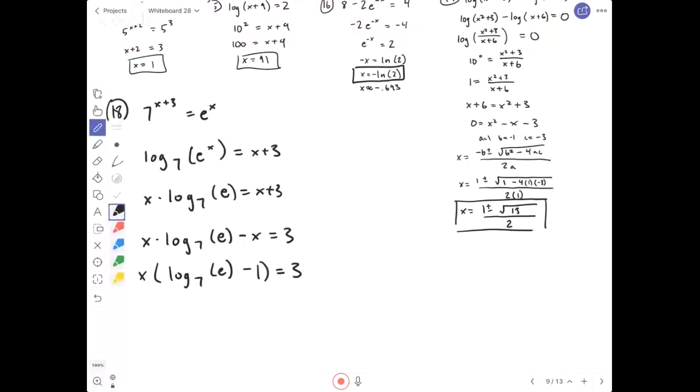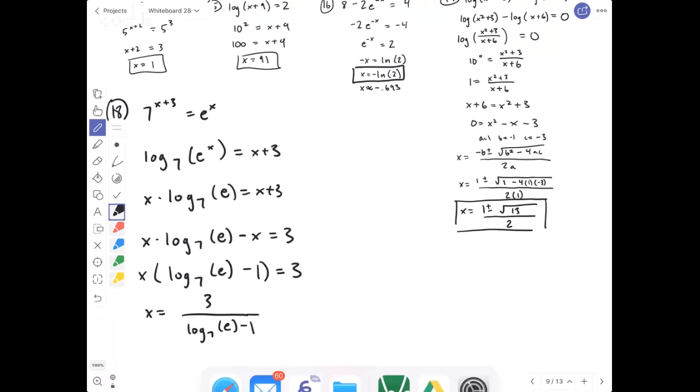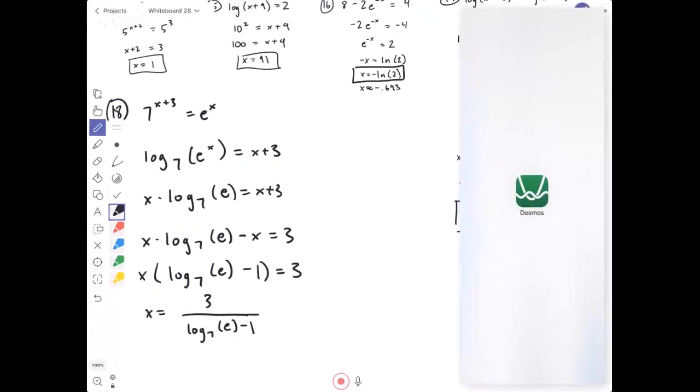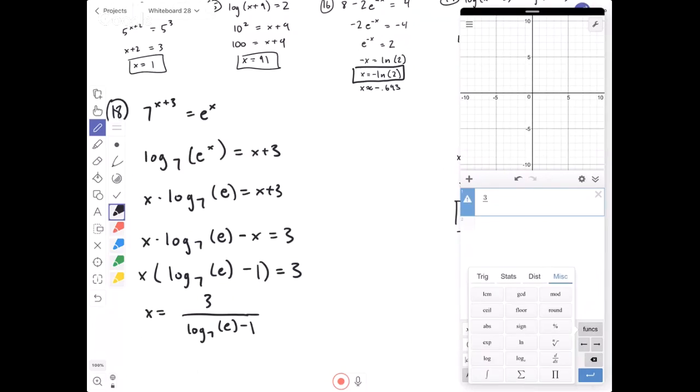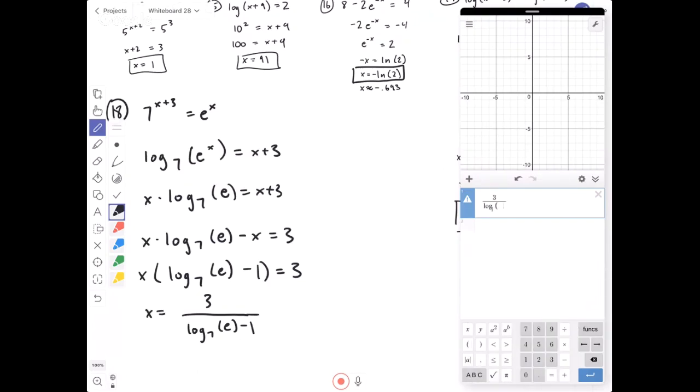So x must be equal to 3 over log base 7 of e minus 1, which is something I can plug into my calculator. 3 over log base 7 of e minus 1.